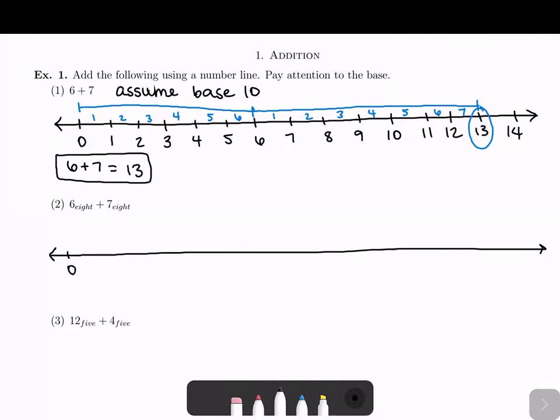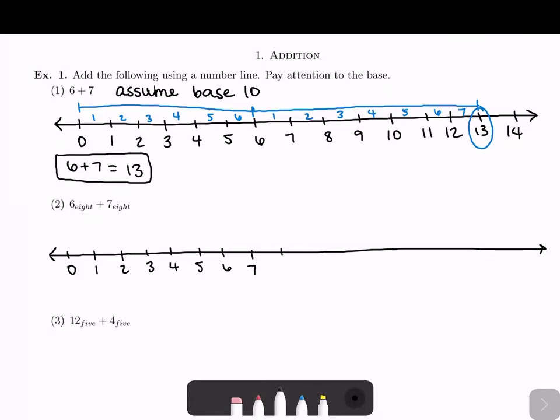Remember, in one of the previous videos, we talked about how the digits in different bases are different. If we have a base that's less than 10, then our digits are 0 up to 1 minus that base. So we're going to go 0, 1, 2, 3, 4, 5, 6, 7, because in base 10 we have digits 0 to 9, and in base 8 we have digits 0 to 7.